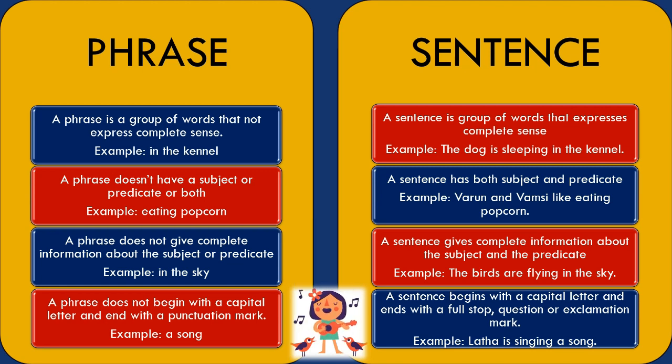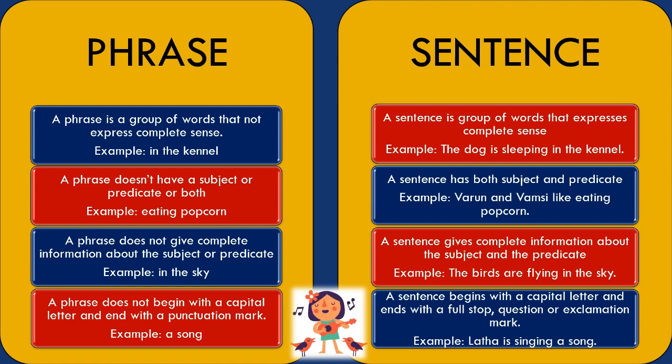For any sentence, if it asks a question, you use a question mark. If it is an exclamation, you use an exclamatory mark. So the last difference is that a phrase doesn't have a punctuation mark, whereas a sentence has punctuation marks.